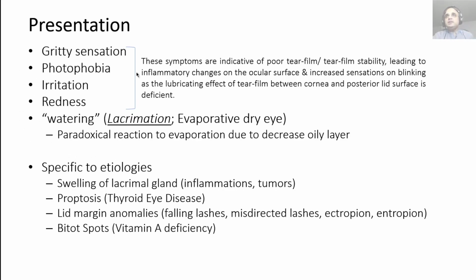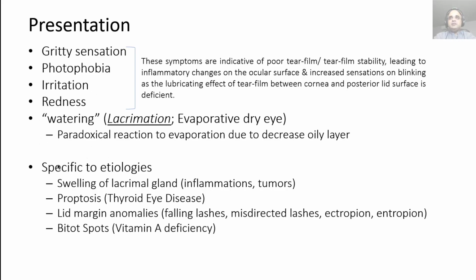And as you will see, and as you have seen before, these symptoms are very similar to the symptoms of blepharitis and many diseases which affect the ocular surface. So these have to be teased out from the history that the patient is giving, and you have to do your appropriate examination in order to reach a diagnosis of a dry eye. Remember, this is a very common condition.